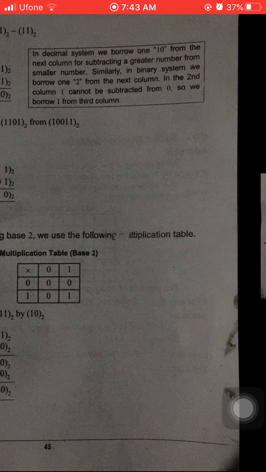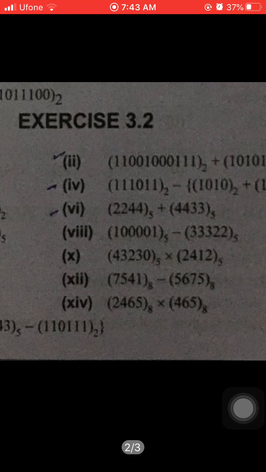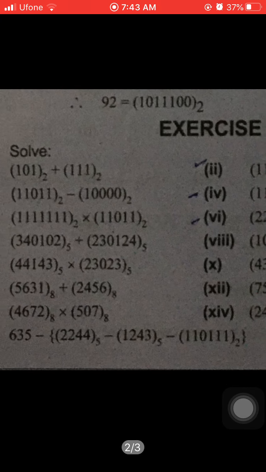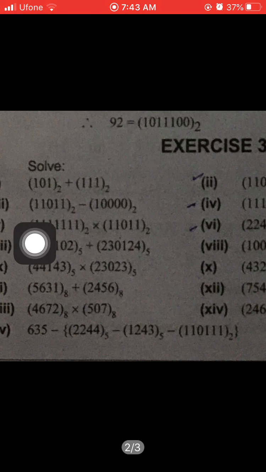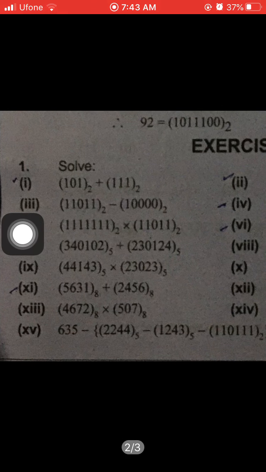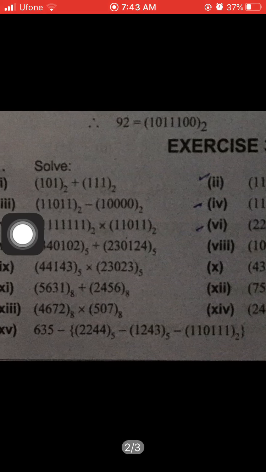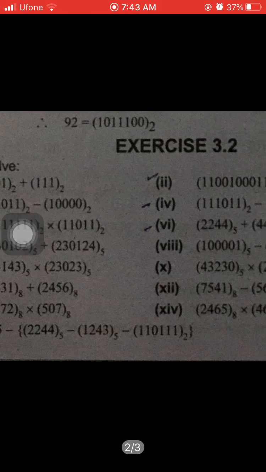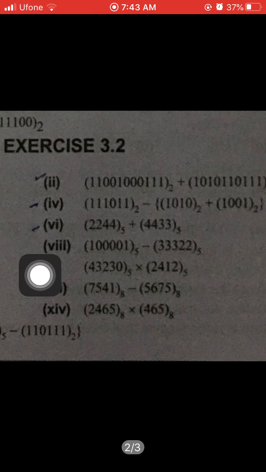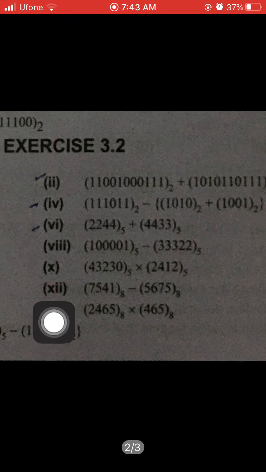Today, student, your home task is: you solve questions of subtraction like the third part, fourth part, eighth part, 12th part.